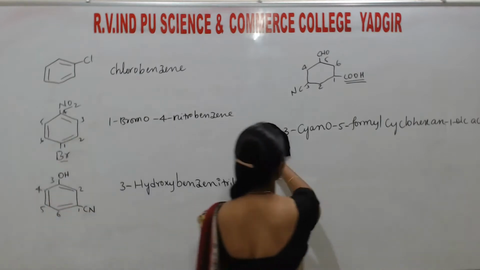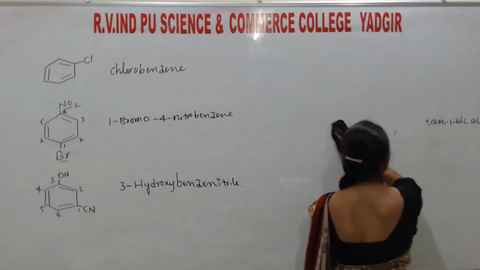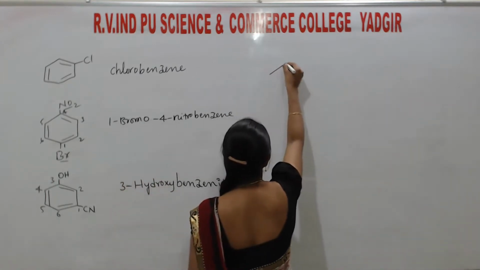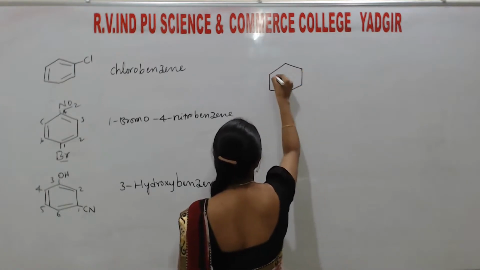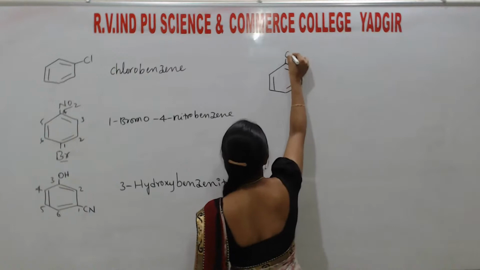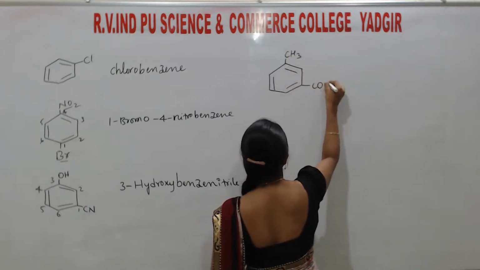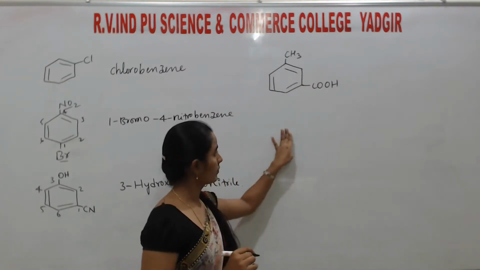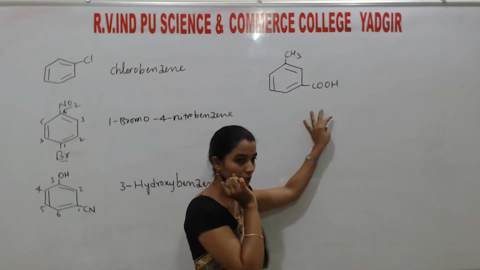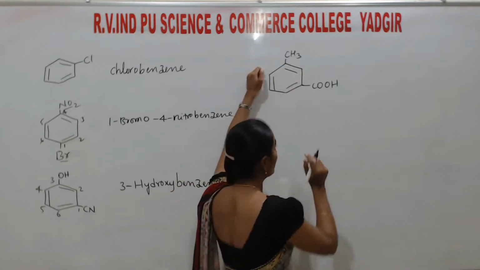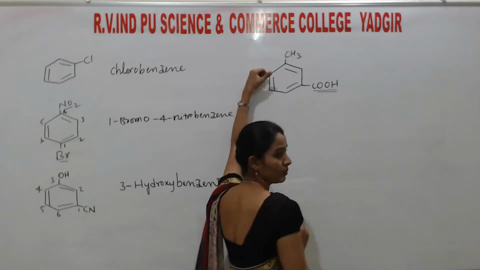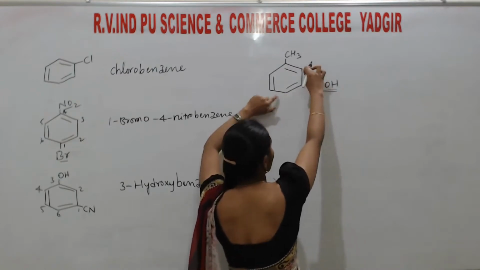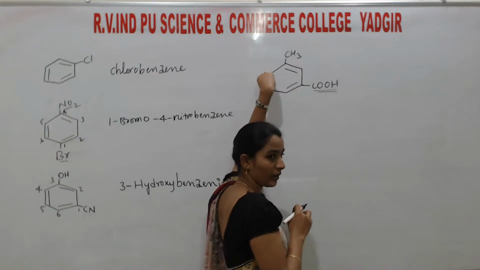Next. CH3 COOH. Okay. Next. So listen, students. There are 2 ways of numbering here. This is the main prior group, COOH. This is the substituent. With respect to this position, these two are ortho, these two are meta, this one is para.